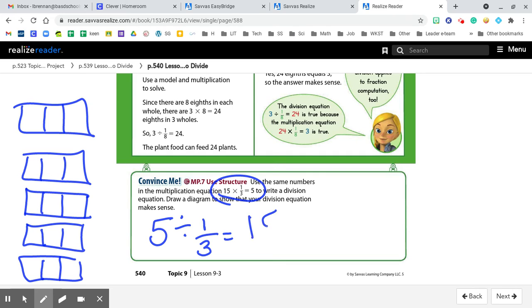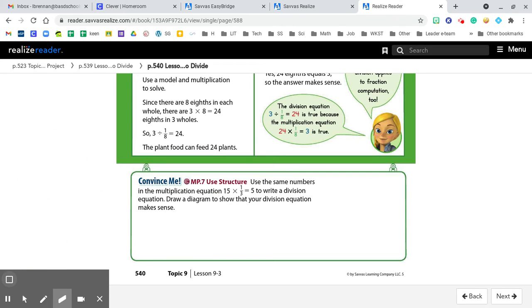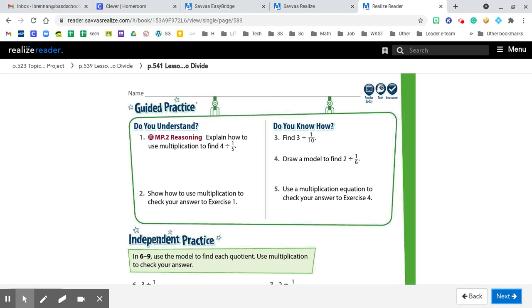And we've got 15. 3 plus 3 plus 3 plus 3 plus 3 is 15. And we can do that when we have a unit fraction like that. Remember, a unit fraction is a fraction that has a 1 in the numerator.